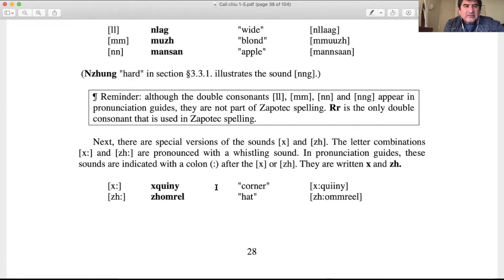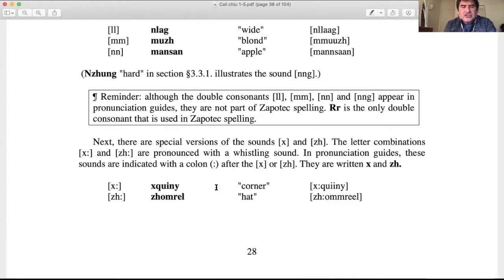And also we have the ZH, which is hat, the example we have here, which is pronounced jombrel, jombrel. I don't know if you can hear when I say it, it's almost like a whistling sound. So I'm going to say corner again, shkeen, shkeen.